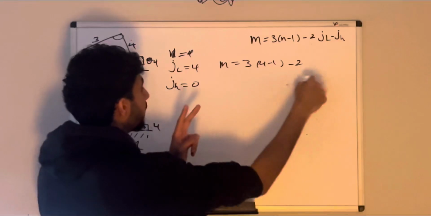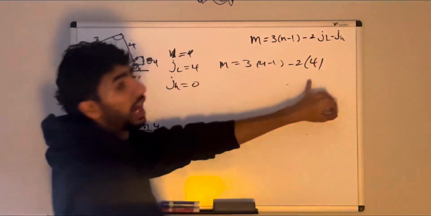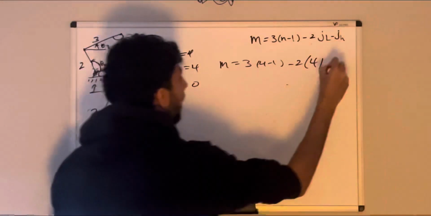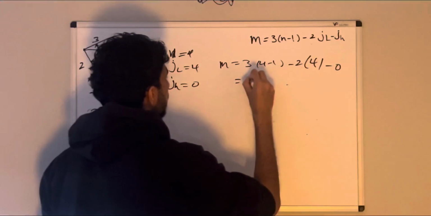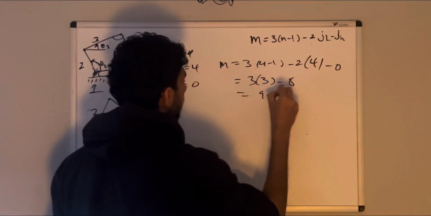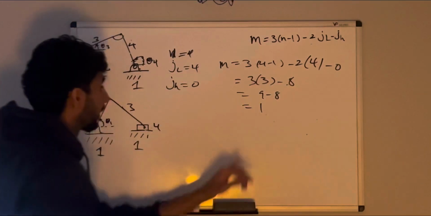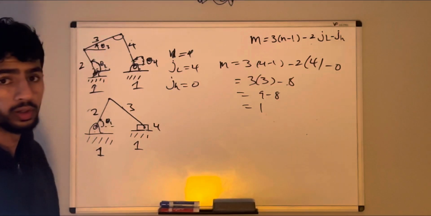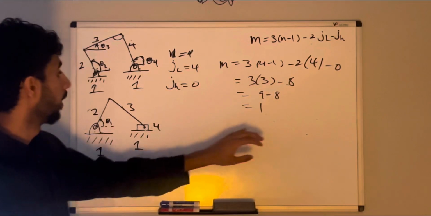So it's subtracting 2, 4 times, minus 0 for higher order. So it becomes 3 times 3 minus 8. This becomes 9 minus 8, which is 1. This is correct because we know for a 4-bar mechanism, the mobility is 1.